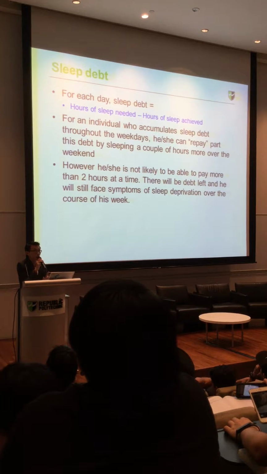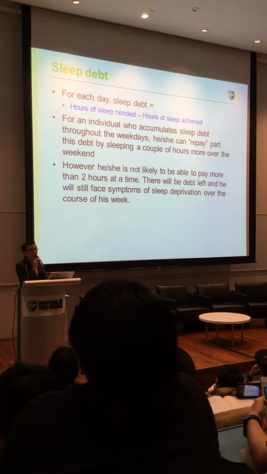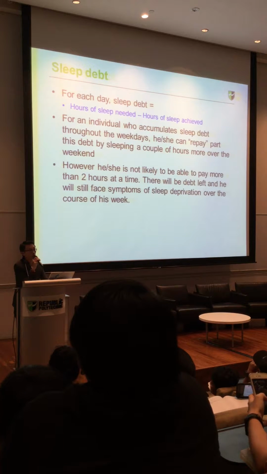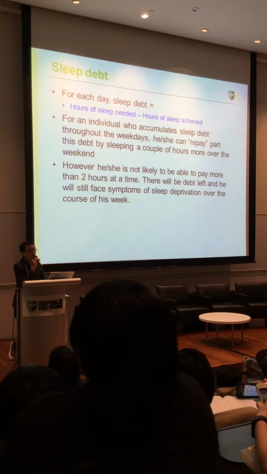Anybody still not clear at this point in time? No? Okay, the important thing about sleep debt is, even if you sleep another 10 hours today, if you owe 5 hours of sleep debt and you go home now and sleep 10 hours more than what you need, you can only repay 2 hours of sleep debt.